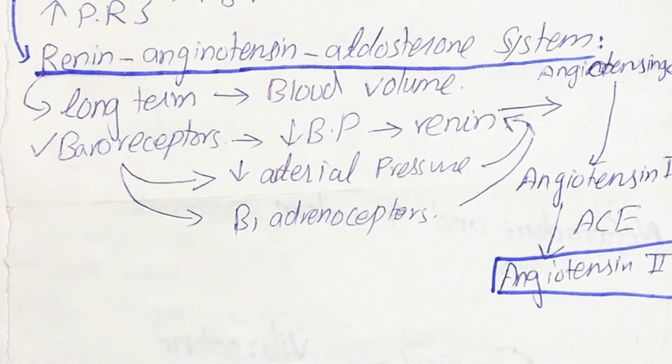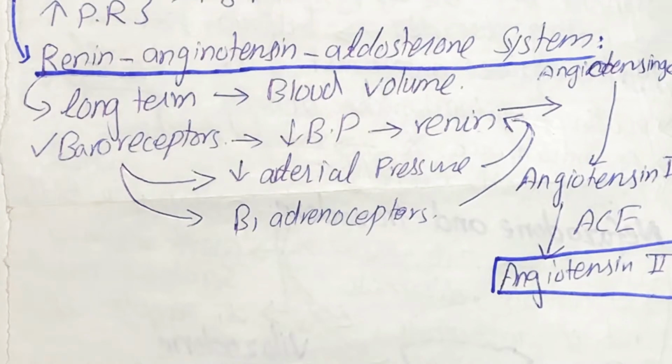This angiotensin II exerts a preferential vasoconstriction action on the afferent arterioles of the renal glomerulus, and thus it increases the glomerular filtration.